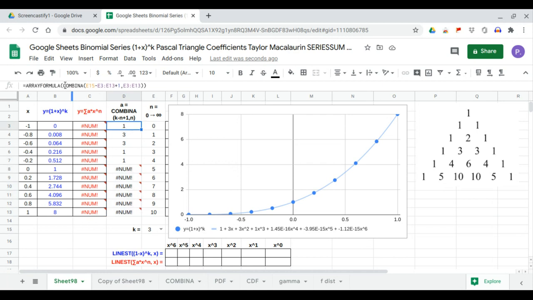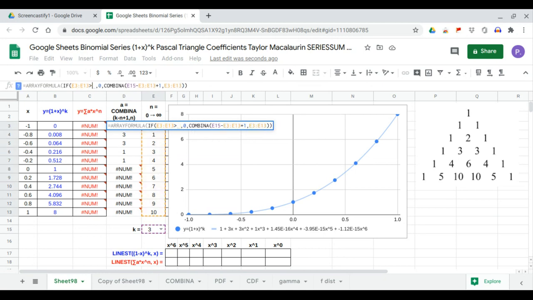So if n is greater than k, 0. Otherwise, COMBINA.